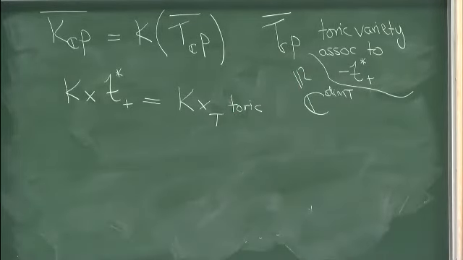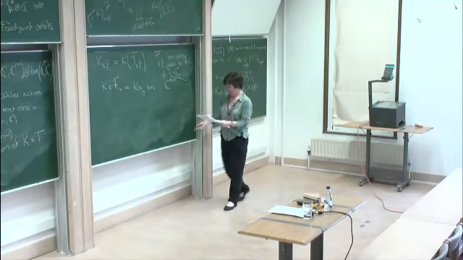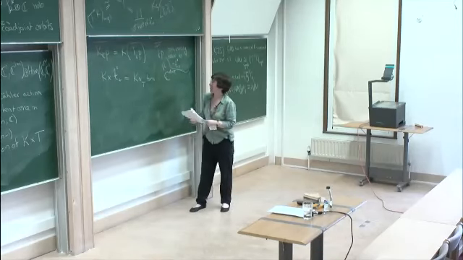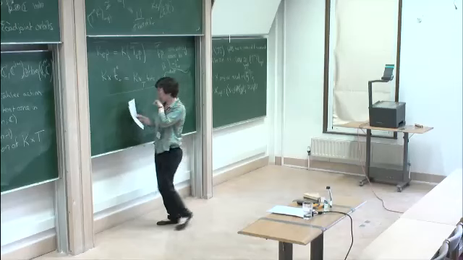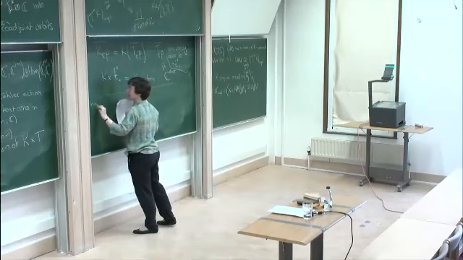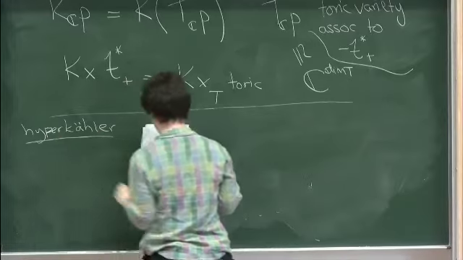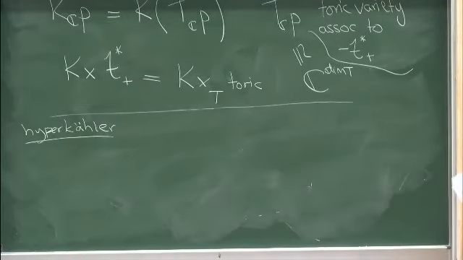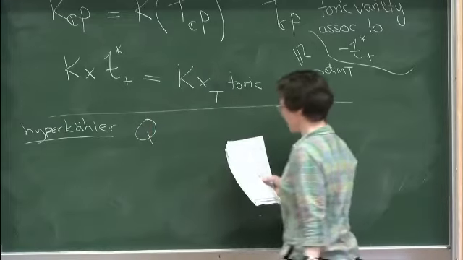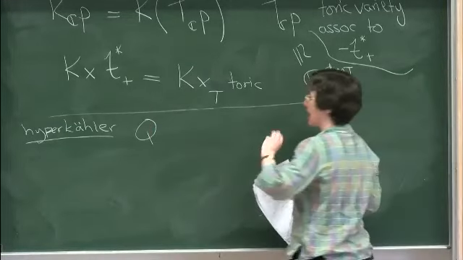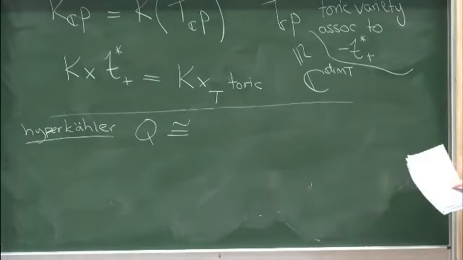Okay. And I will just take one more moment to write down what the Hyperkahler implosion should look like. So in the Hyperkahler case, our guess at what the Hyperkahler implosion should be for SU(N), which was this quiver variety Q, can be expressed in the following form, which is a nice analogue of the symplectic situation.